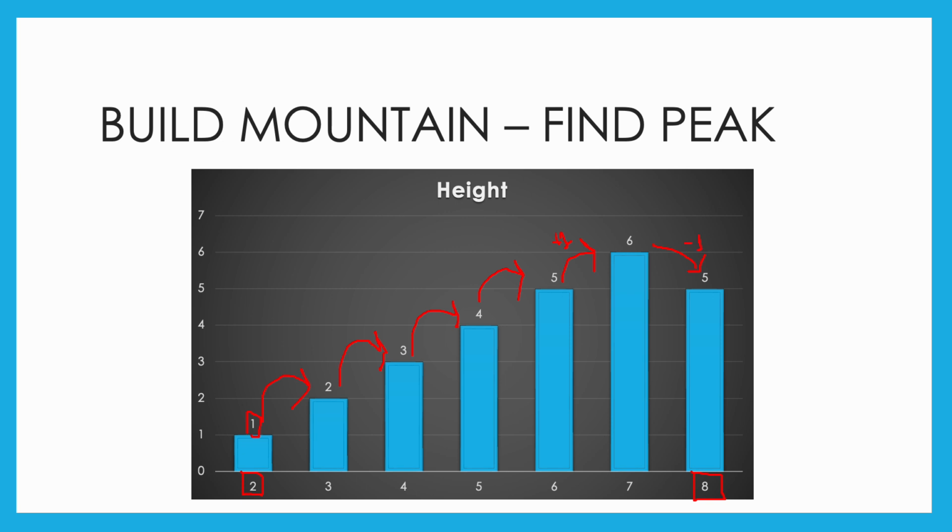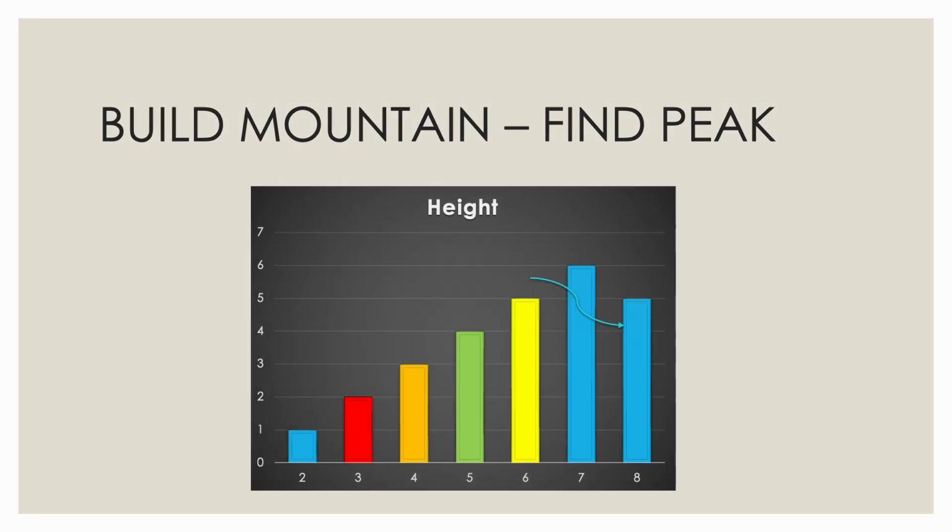So for every +1 after 5, I have to do a -1. After reaching 5, we had to go to 5 again here. And how many moves did we have? 1, 2. We had 2 moves left.